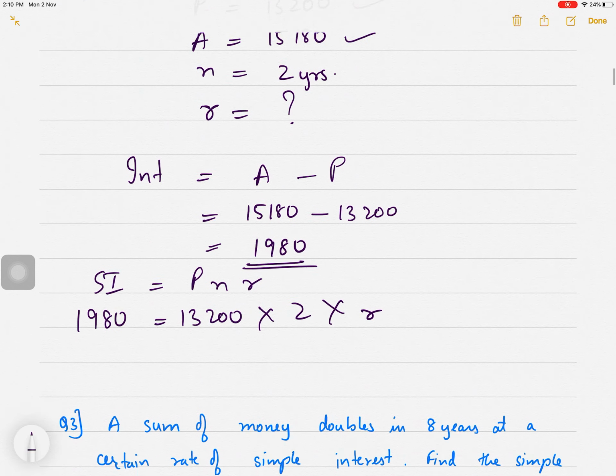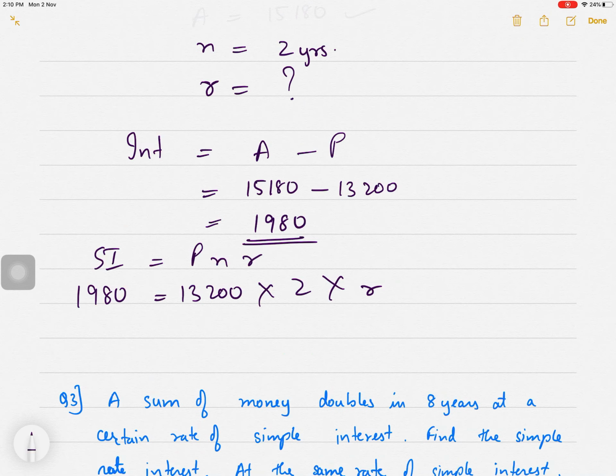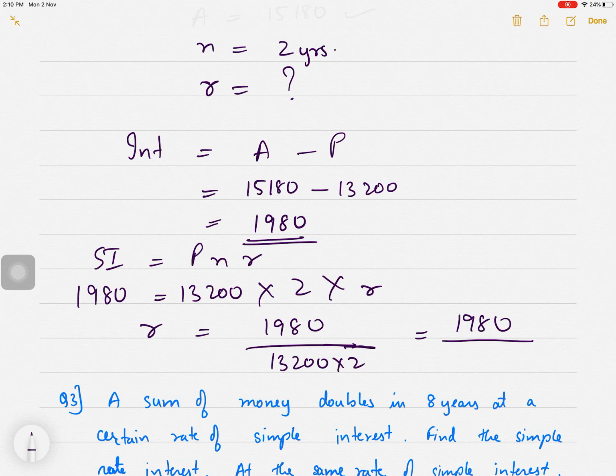You don't know R. Find out R. So R is equal to 1980 divided by 13,200 into 2, which will become 26,400.